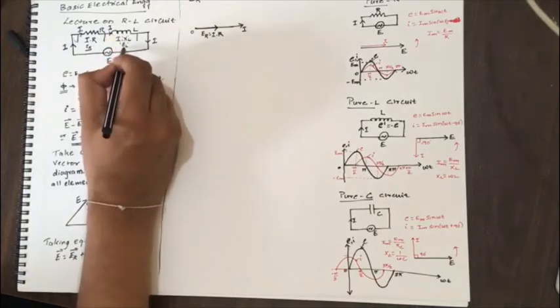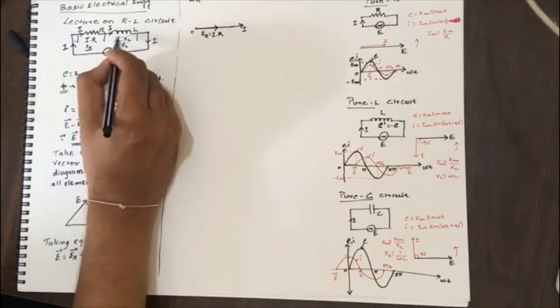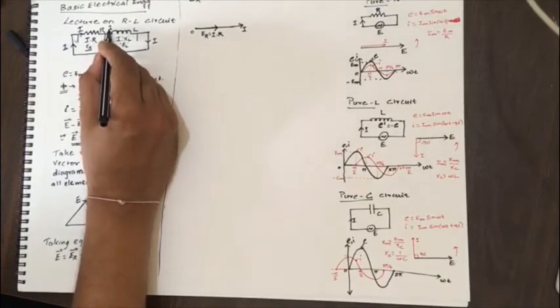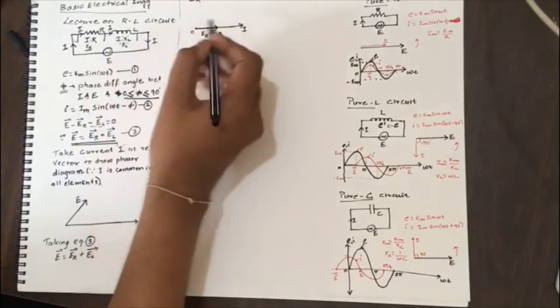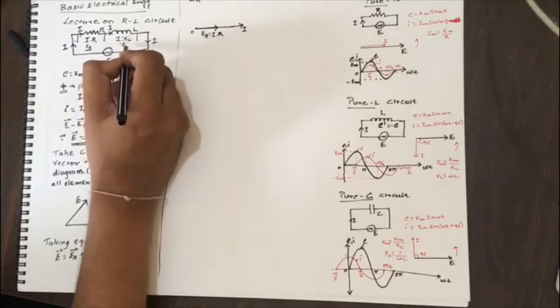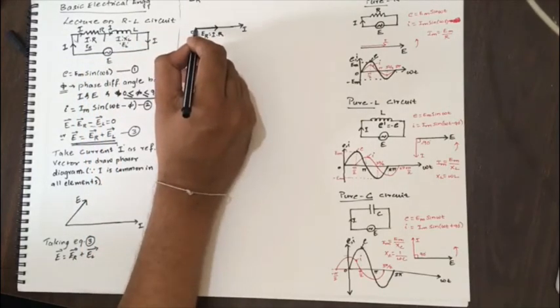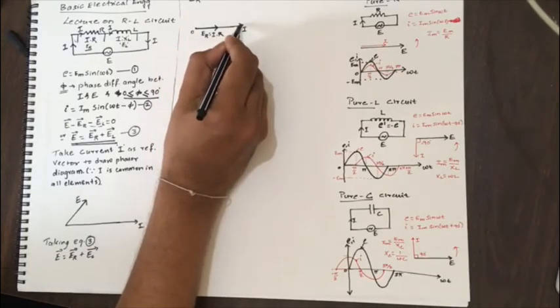Now I should place vector EL at an angle 90 degrees with respect to vector I, and the nature says that vector EL will be leading vector I by an angle 90 degrees, because current I has to lag behind EL by an angle 90, because already I have placed vector I on reference axis.